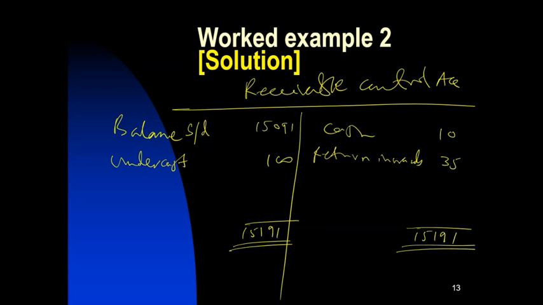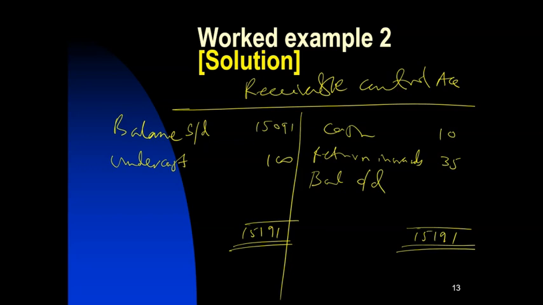Why is 15,191 being put on both sides? Because we believe that the credit and the debit should balance. But if you do the mathematics, you will see that on the credit side, we only have 10 and 35. And for us to reach 15,191, we have to put another entry here, the balance c/d, which is the balancing figure.